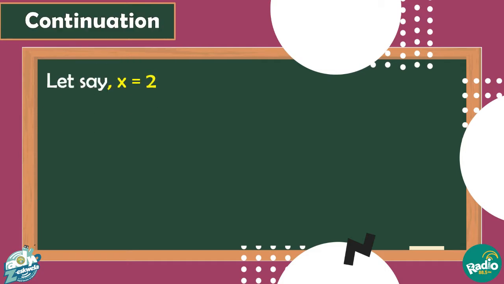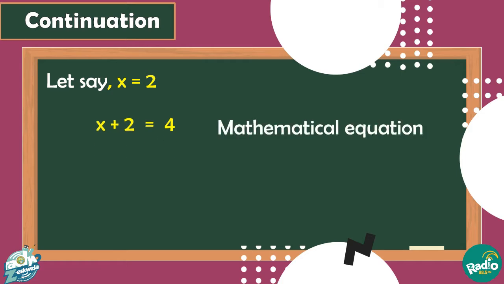Let's say x = 2. This value will replace the variable x in our mathematical equation, which is x + 2 = 4. By substituting, we get 2 + 2 = 4.